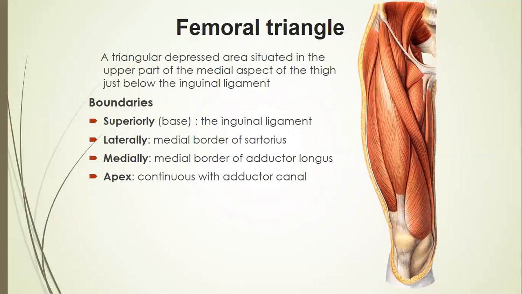Apex, I told you that this is the point of the apex, where the medial and lateral border meet. And just from the apex, a new intermuscular space begins, and that space is called the adductor canal, or the subsartorial canal, or the Hunter's canal. What is the roof formed by? If the floor is muscular, then the roof is fascial, and the roof is formed by the fascia lata, deep fascia.